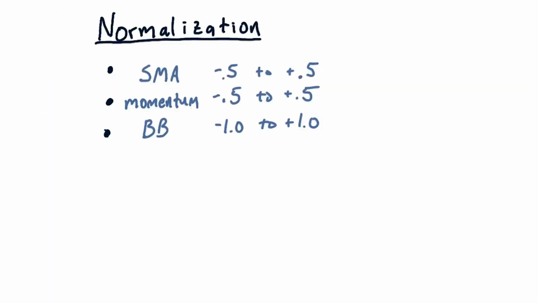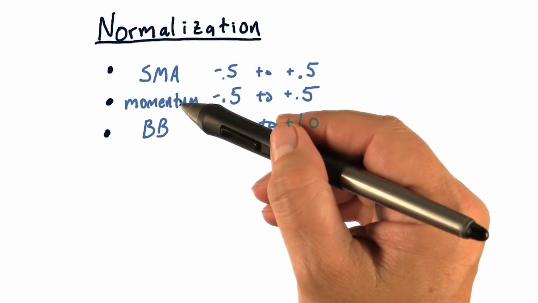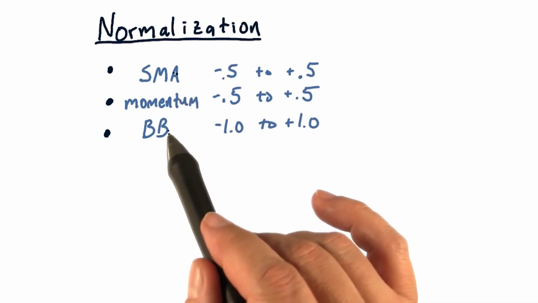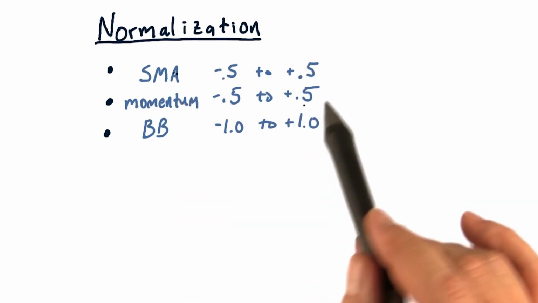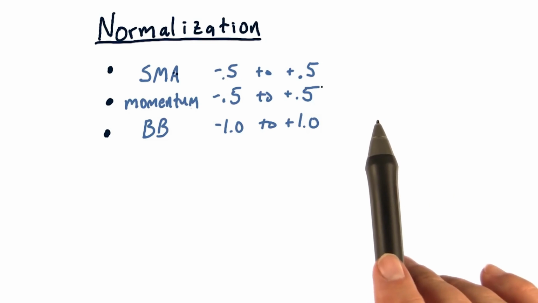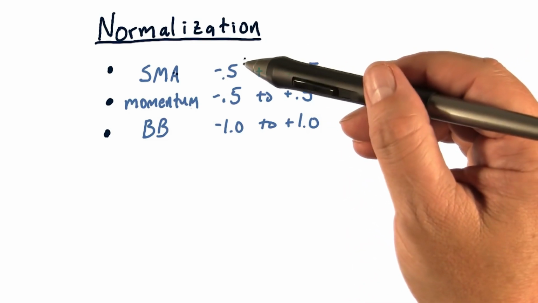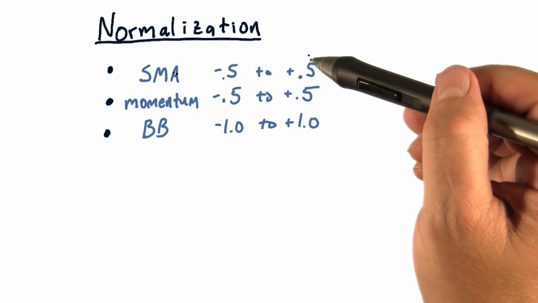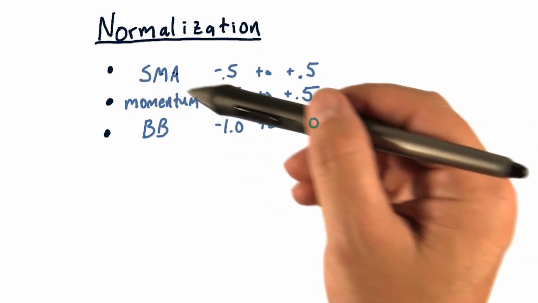Before we leave technical analysis, I want to bring up one more point called normalization. So take a look at these different technical indicators we created here: simple moving average, momentum, and Bollinger Bands. They have different ranges that they typically operate over. So like I said, we would expect to see values of minus 0.5 to plus 0.5 for simple moving average.